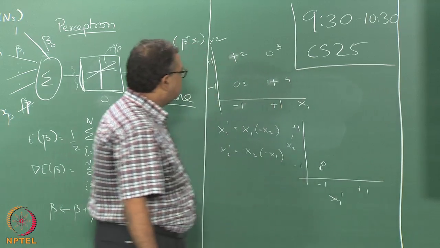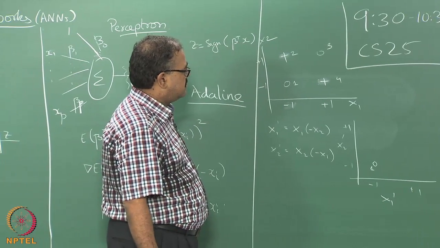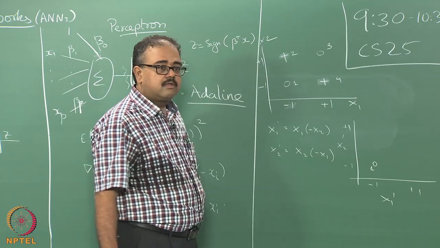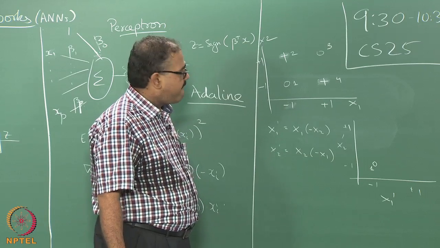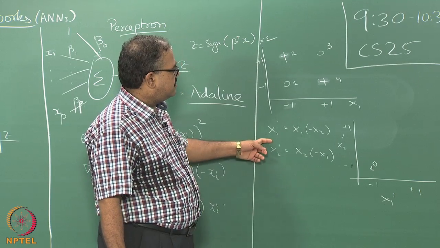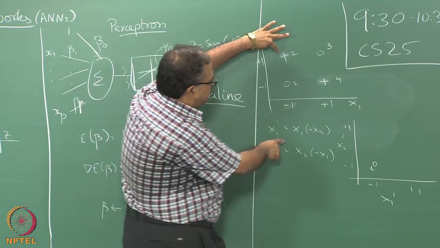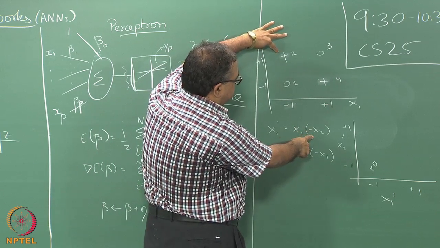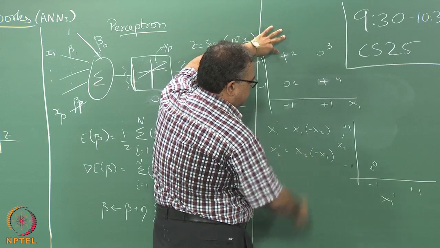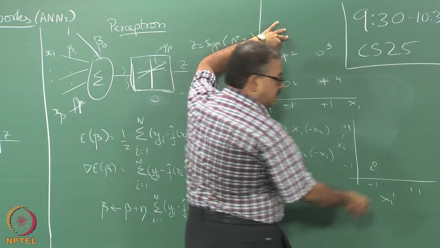Okay, where would 2 go? Two is here, so there will be minus 1 into minus 1, there will be plus 1, okay.